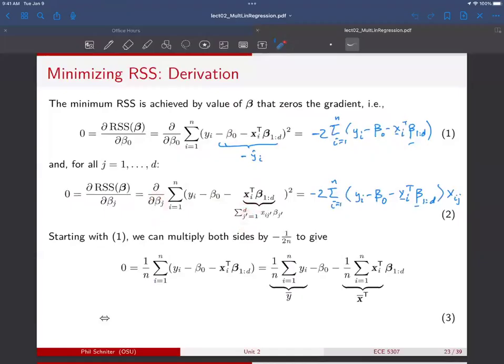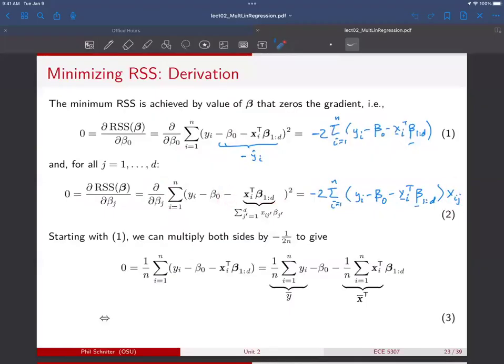We can see that only one of these j primes will match this j. For that particular value of j prime, this is what remains of the sum. All the other terms go to 0 when you take the derivative. So finally, when we take the derivative of this with respect to beta j, we get xij. And we have a minus here, so we have a minus xij.